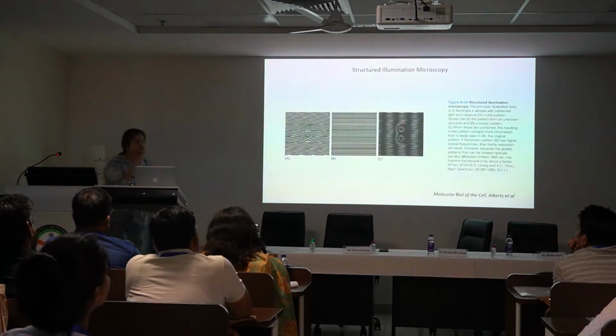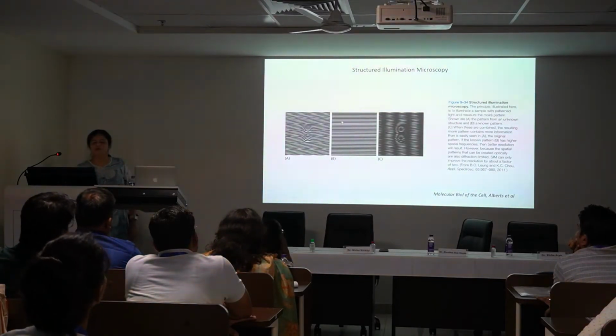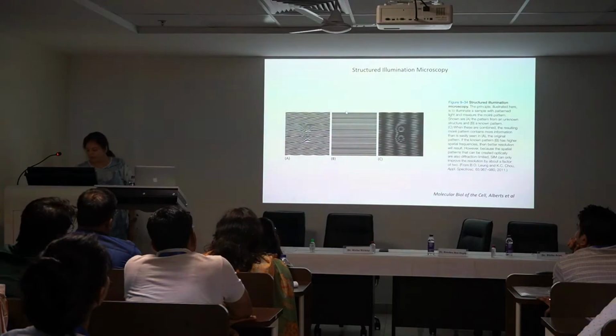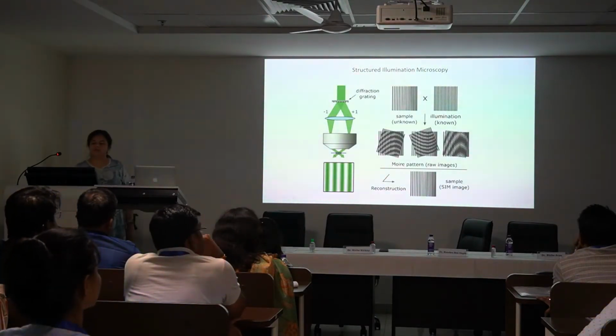Now, structured illumination microscopy, I'm going to go through quickly. It basically uses a set of grids, patterns. I'll go to this example. So for example, let's say that this is the sample.